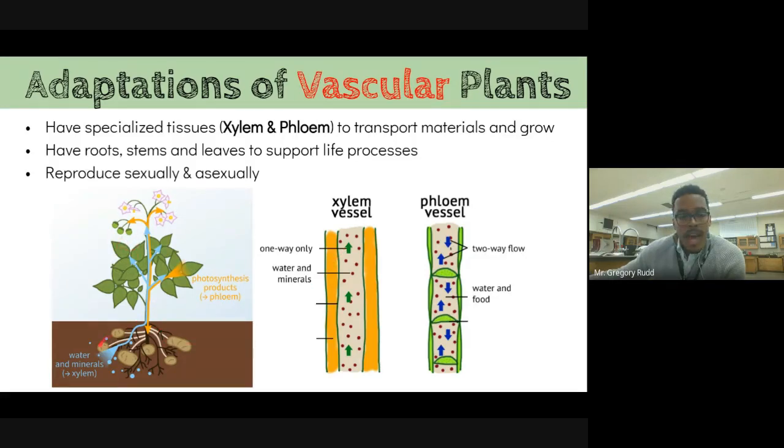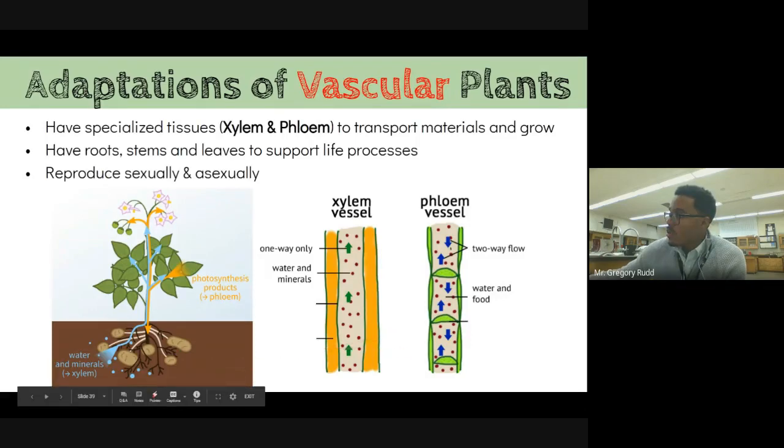So this is why plants have roots, to be able to absorb water and minerals and to transport those water and minerals up into their leaves or into the fruits where water and minerals are needed for photosynthesis.